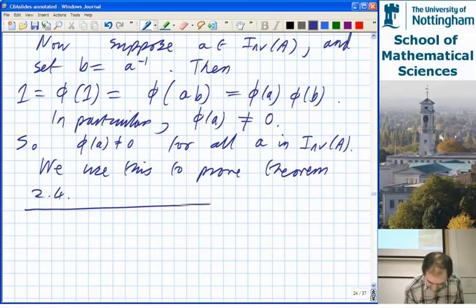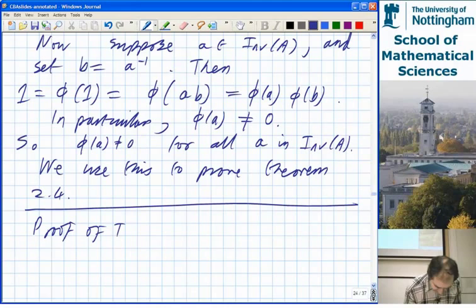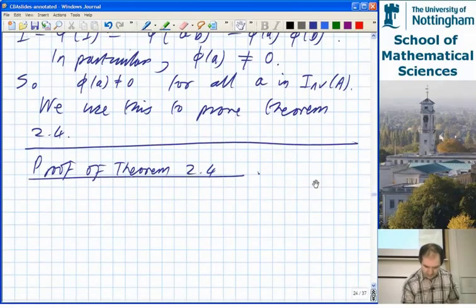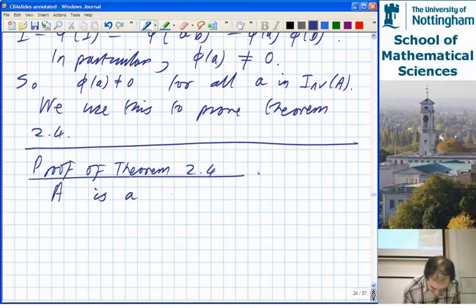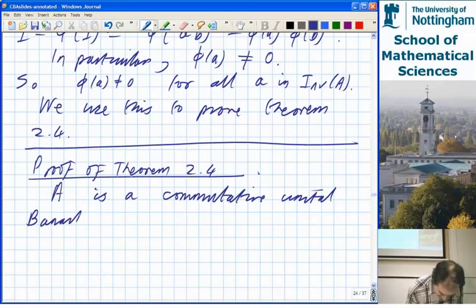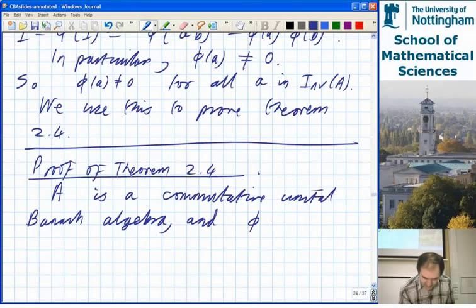So what have we got? A is now a commutative unital Banach algebra, and phi is in the character space.